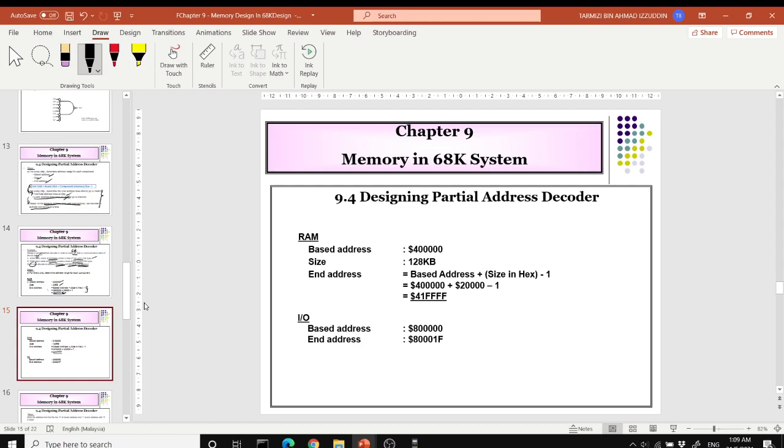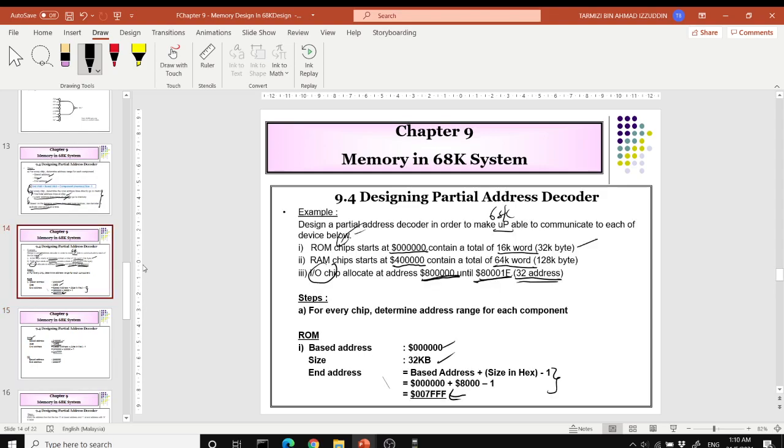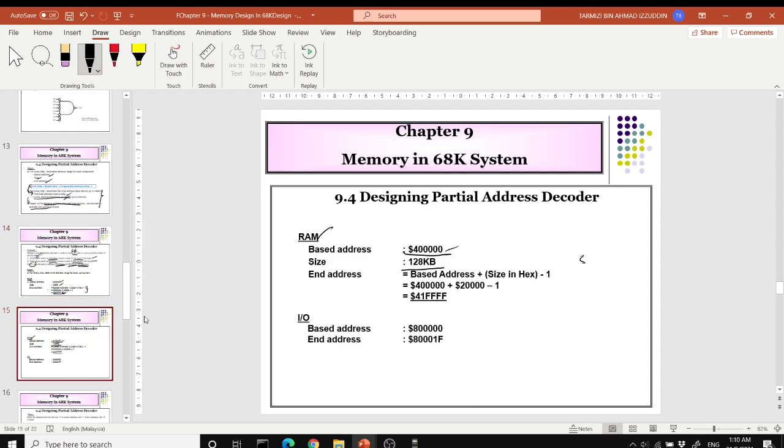Then we calculate for our RAM chip. Start address is 400000, size is 128 kilobytes. 64 kilowords is equivalent to 128 kilobytes. Make sure you have that size in hex.